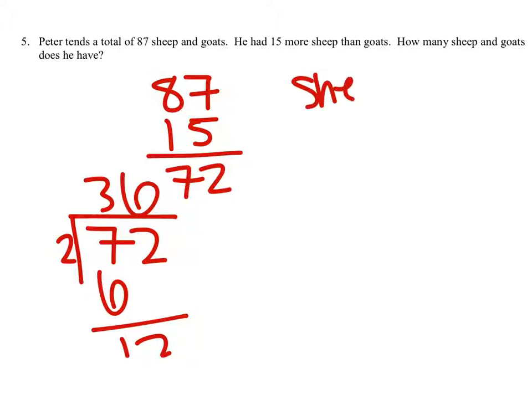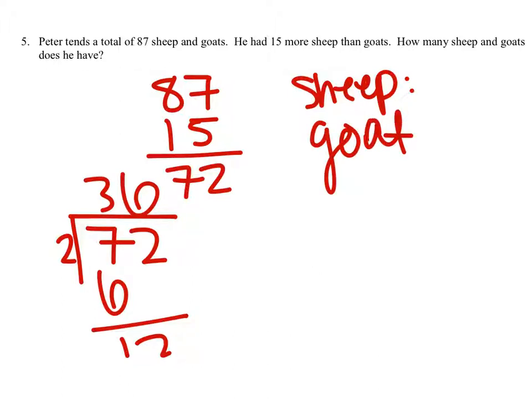Wait, hold on. Let me just write this. 36 plus 15 is 51, which means there's 51 sheep and 36 goats.